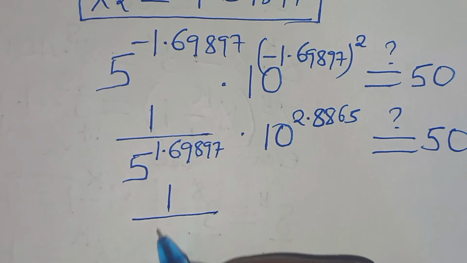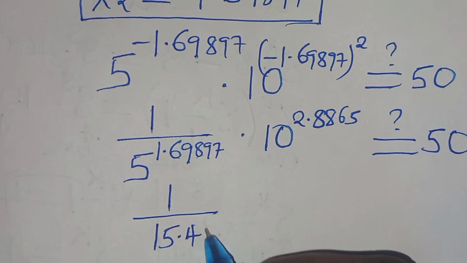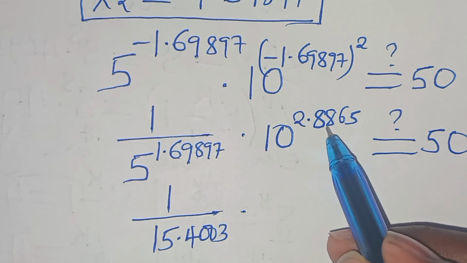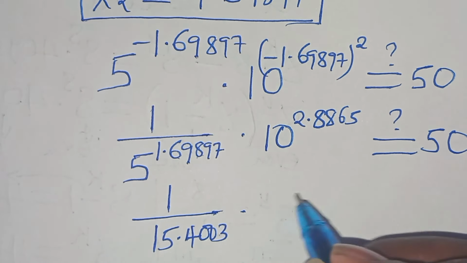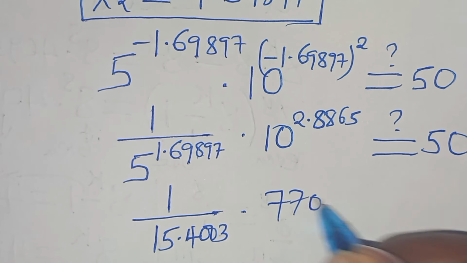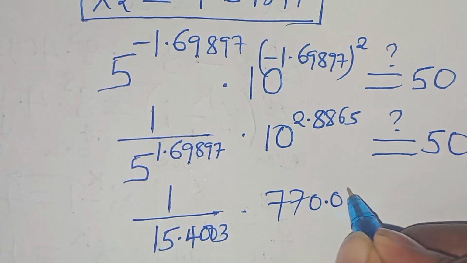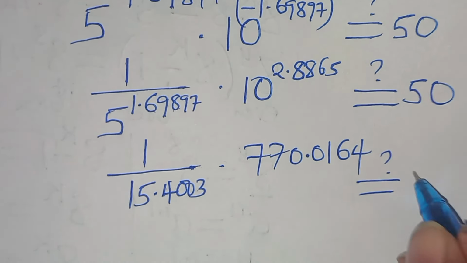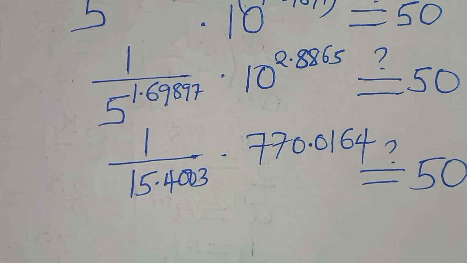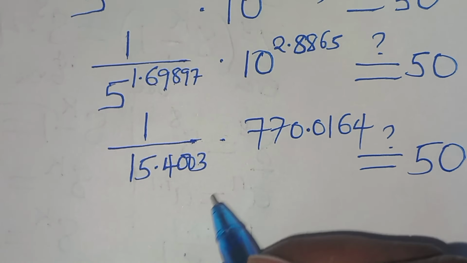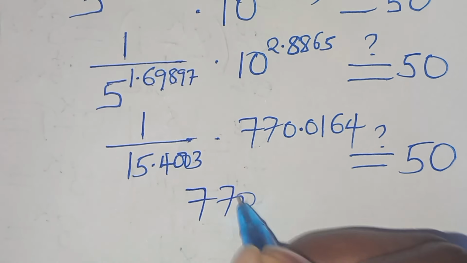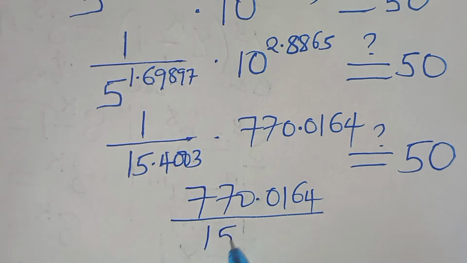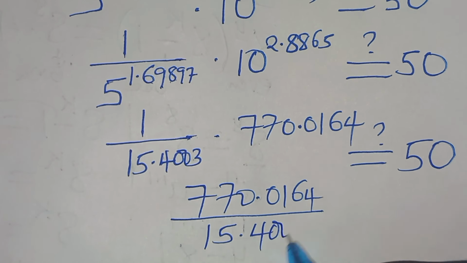So we have 1 over 5 raised to the power of 1.69897. This is the same thing as 1 over 15.4003 multiplied by 10 raised to the power of 2.8865. This is the same thing as 770.0164. This should give us a value of 50. Now this implies that we have 770.0164 divided by 15.4003.